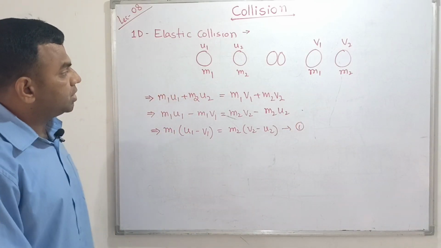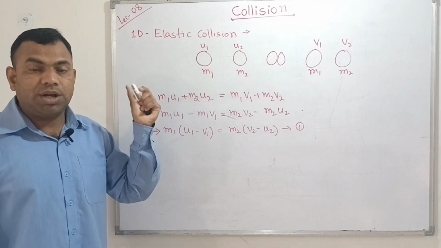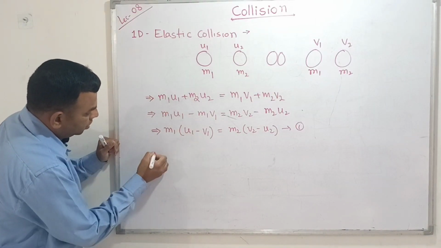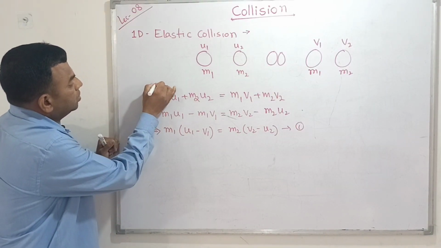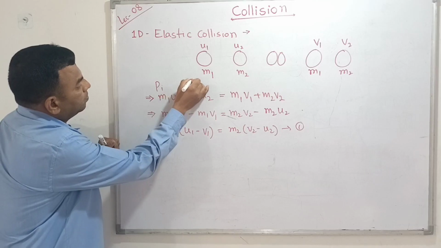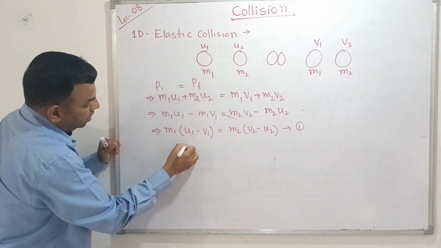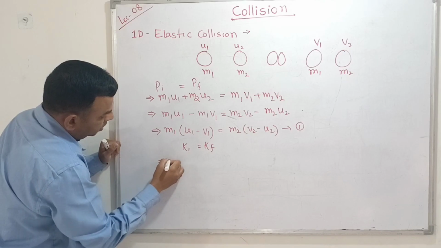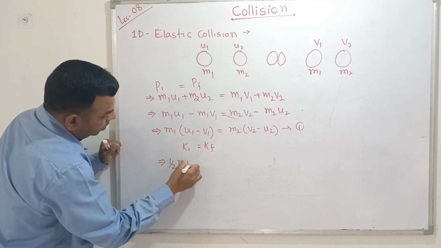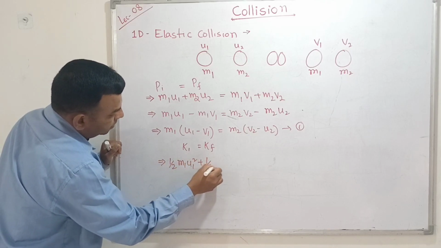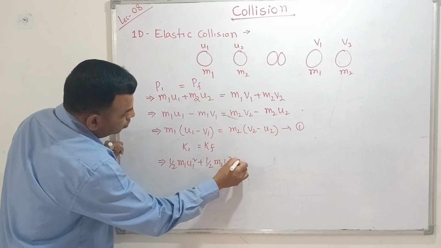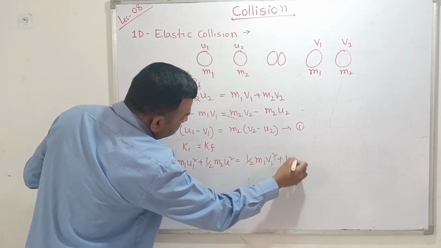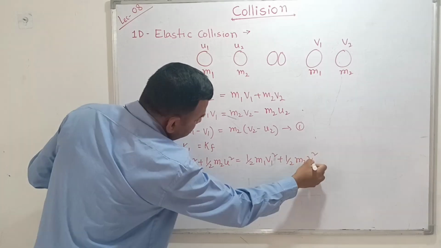And another condition is kinetic energy initial of the system is equal to kinetic energy final. So applying condition 2, this is the condition, P initial equal P final. Now kinetic energy initial equal kinetic energy final. What will be half m1 u1 square plus half m2 u2 square equal half m1 v1 square plus half m2 v2 square.